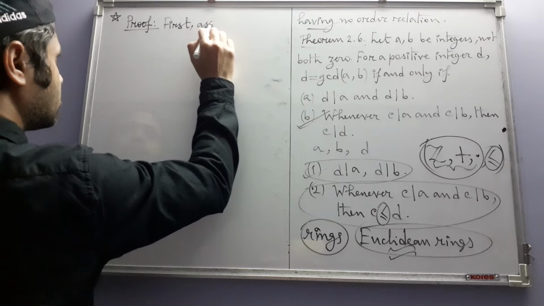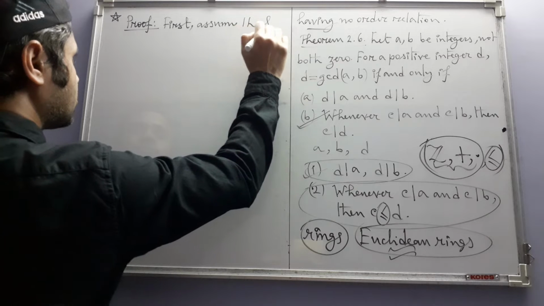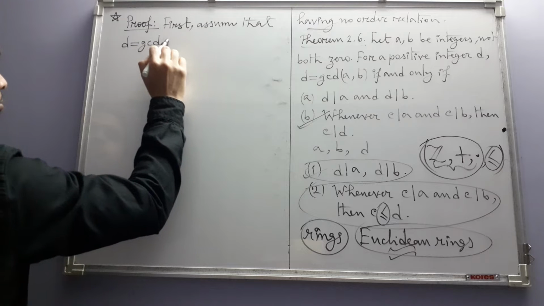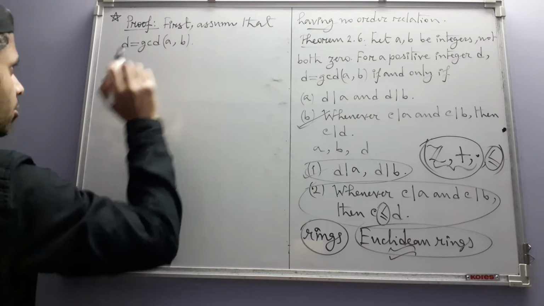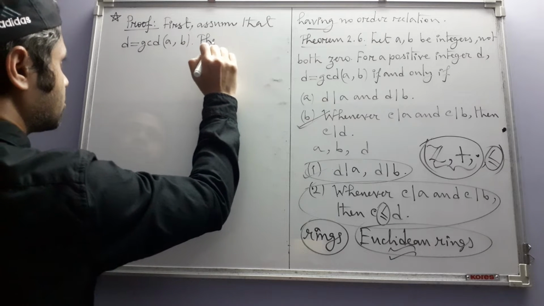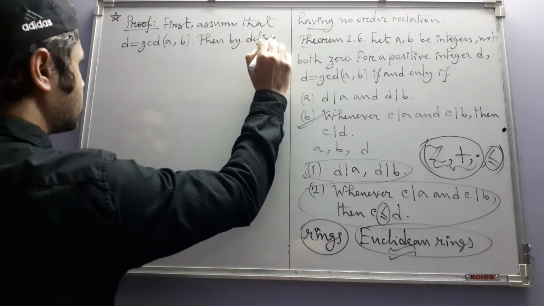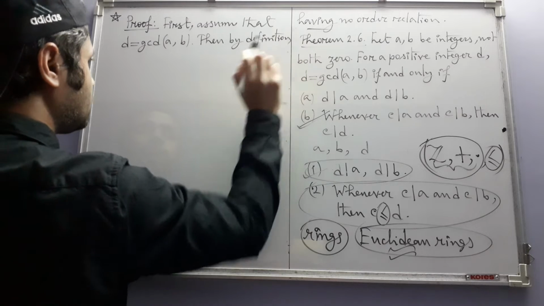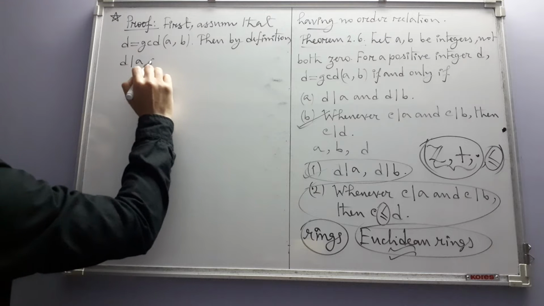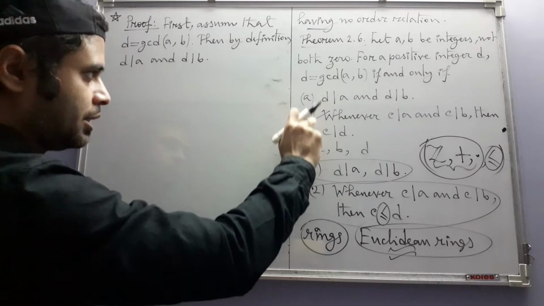First, assume that D is the ordinary GCD of A and B. Then by definition, that means this definition, D divides A and D divides B. So that means we need to show these two things.